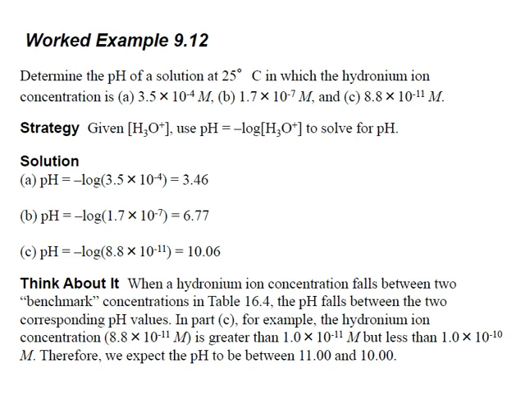In part C, for example, the hydronium ion concentration, which is 8.8 times 10 to the negative 11 molar, is greater than 1.0 times 10 to the negative 11 molar, but less than 1.0 times 10 to the negative 10 molar. Therefore, we expect the pH to be between 11 and 10.